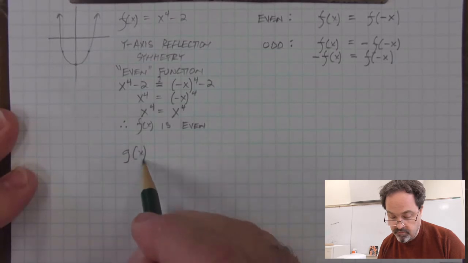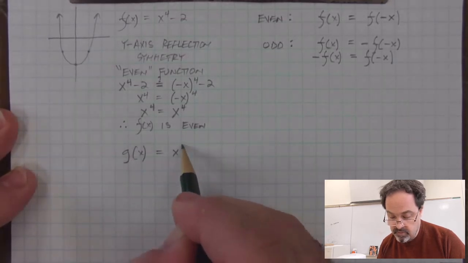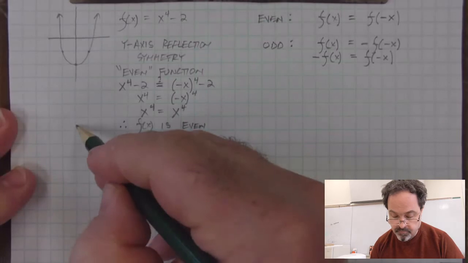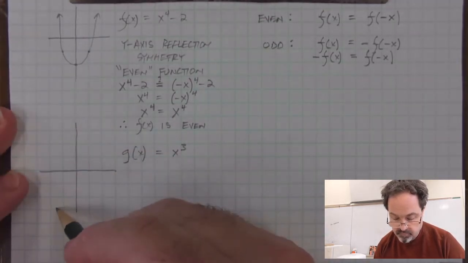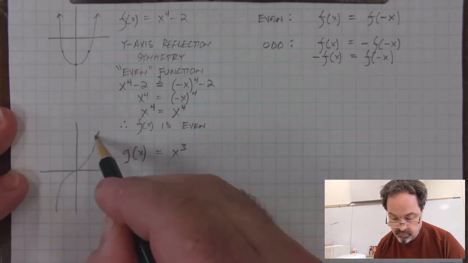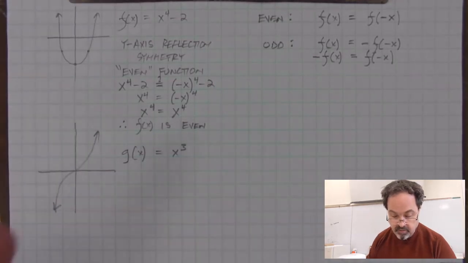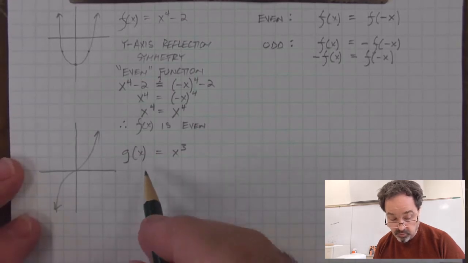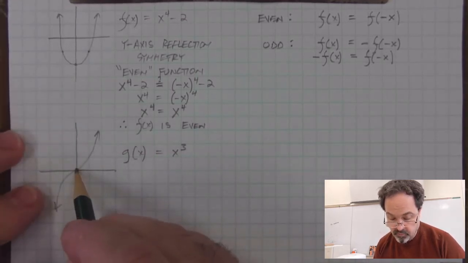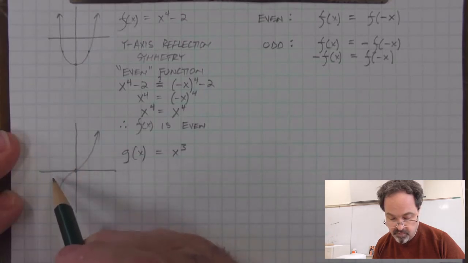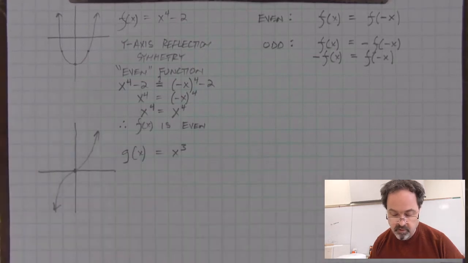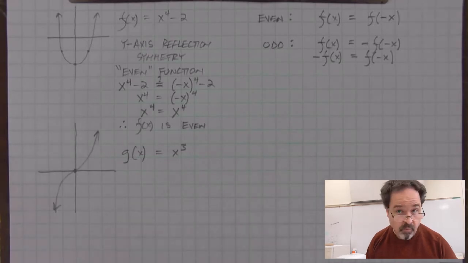So let's work with a function. We'll define g of x to be the cubic function. And the cubic function's graph looks like this. And by observing the graph, it looks like if we rotated this branch around 180 degrees, halfway around, that it would line up on this branch here, so it looks like it has 180 degree rotation symmetry around the origin.